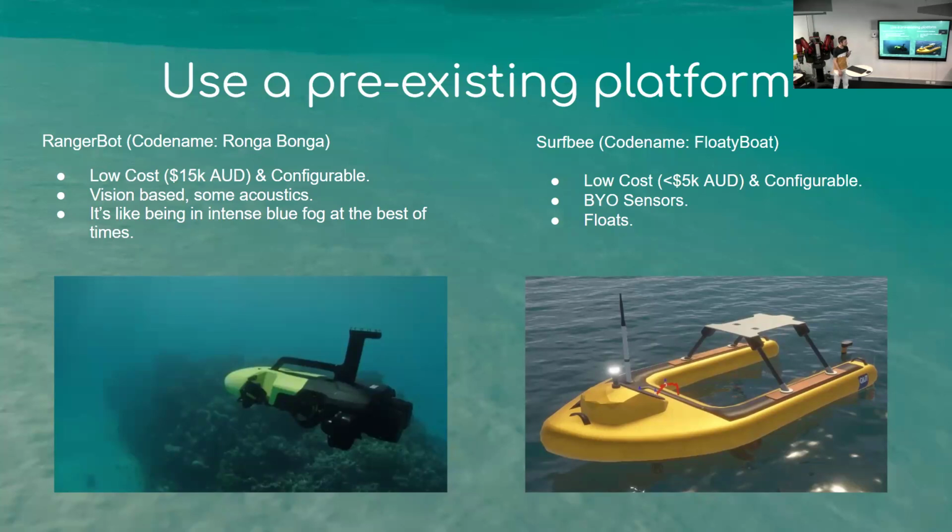We'll get more into that a bit later about the Coral AUV, where we had more of an experimental design, and it cost us a lot of development time. Anyways, we use the Ranger bot a lot, and we use the SurfB a lot. These are great because they're in-house and they're cheap.